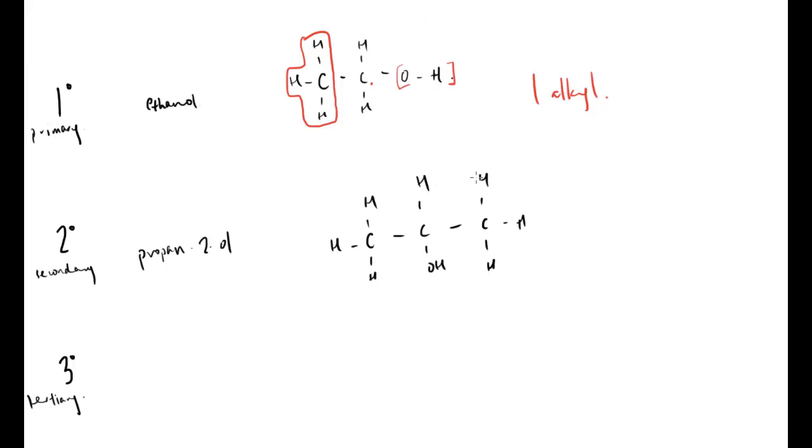So CH3, CHOH, CH3, and in this case, this carbon, again, the one that's attached to the OH is what I'm concentrating on. It has two alkyl groups, and therefore it is secondary. So notice these numbers: 1, 2, and hopefully we can guess already 3.